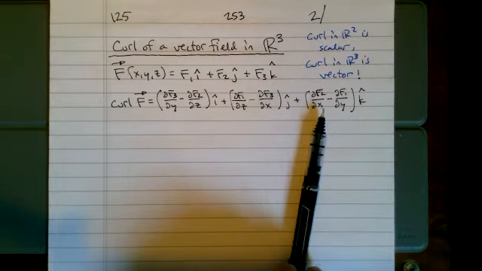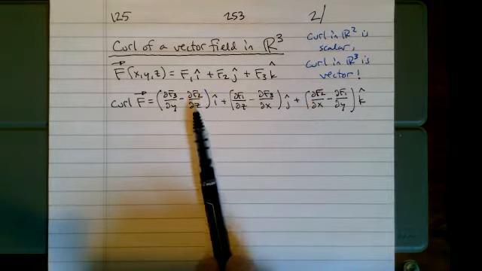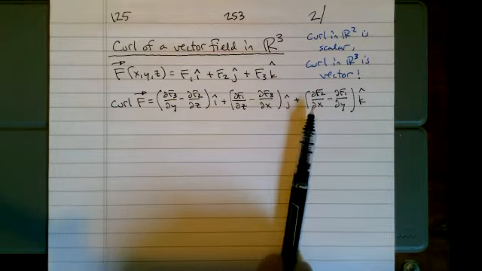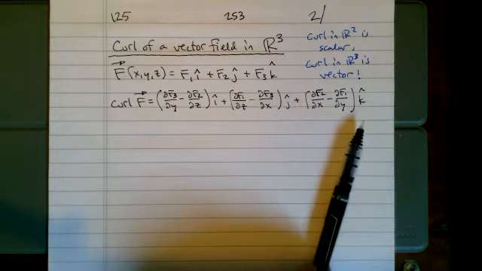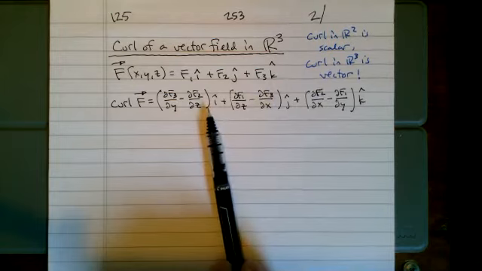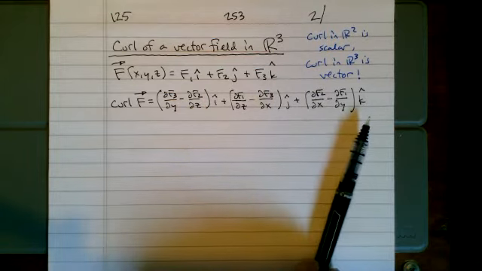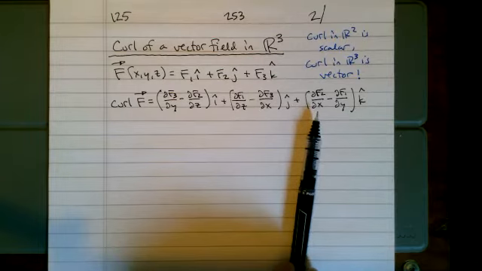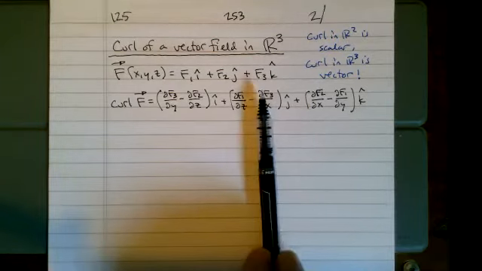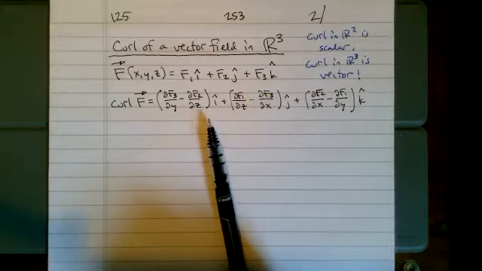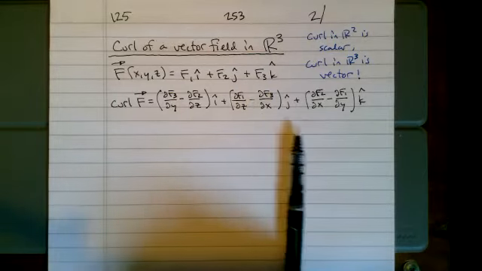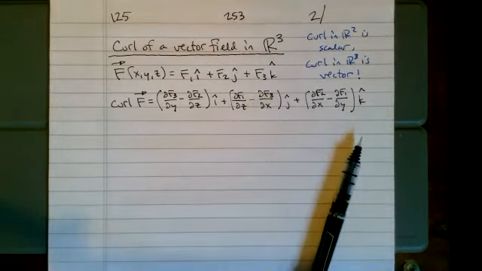When we see which one is which, the partial F2 with respect to Z shows up in the I component, and the partial F2 with respect to X shows up in the K component. I is normally an X thing, but there's the partial with respect to Z. K is a Z thing, but there's the partial with respect to X. And similarly for F3. So the way I think about remembering the curl is nothing matches.